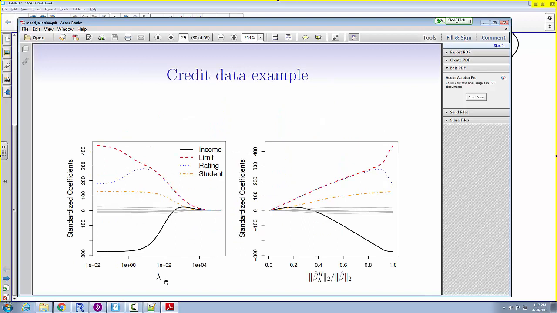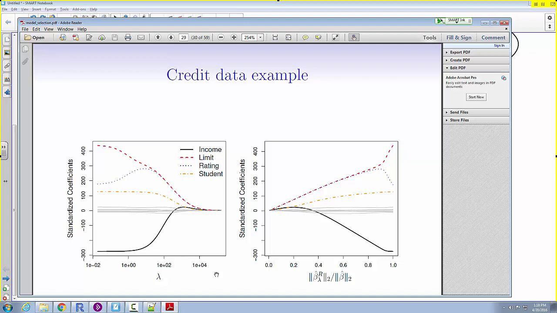So here's a picture for a particular example where we have a model with income, limit, rating, and student. These 4 variables. And we're going to vary lambda. Increasing lambda will result in more and more penalty on erratic betas or anything being very far away from 0.